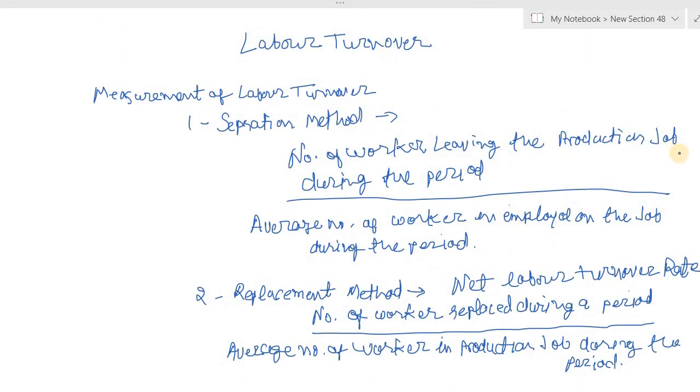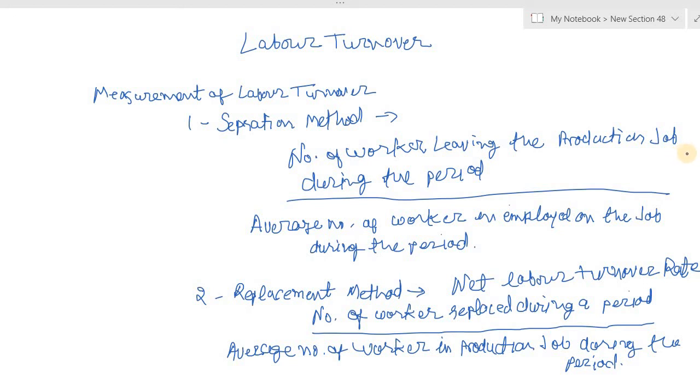We have discussed the three methods for measurement of labor turnover. First method, separation method, and the formula of separation method is number of workers leaving the production job during the period upon average number of workers employed on the job during the period.